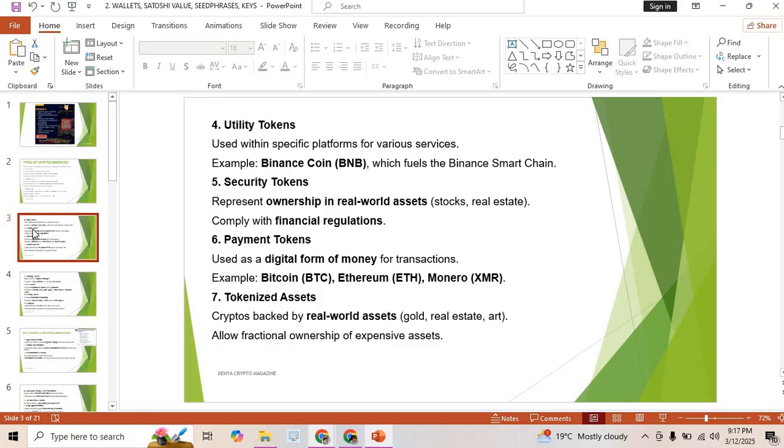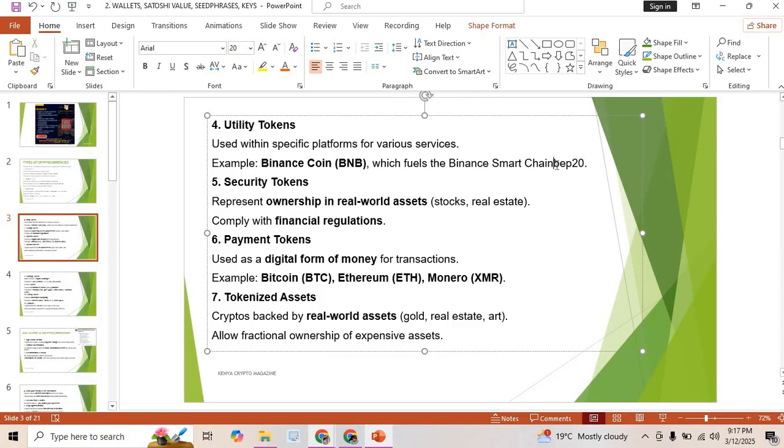Then we have utility tokens. These are used within specific platforms for various services. For example, on Binance, we have its coin called BNB. The BNB coin fuels the Binance Smart Chain. In short, the network right here is called the BEP20, but we'll talk about this later.